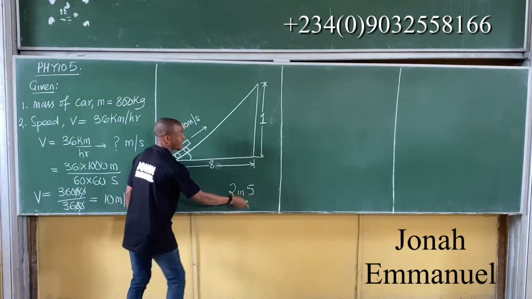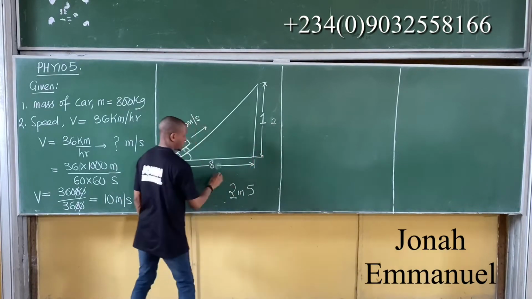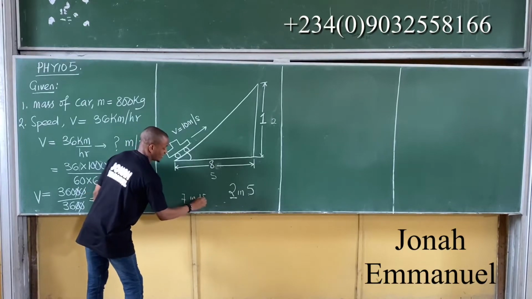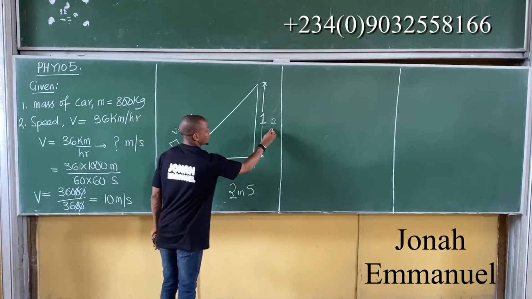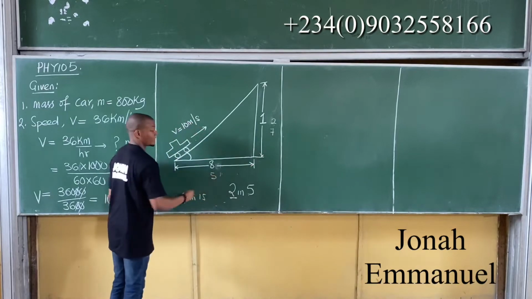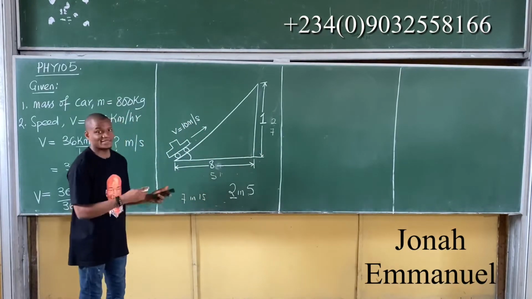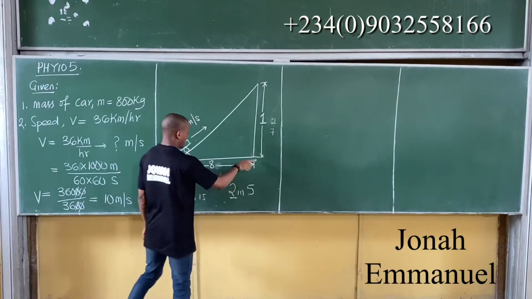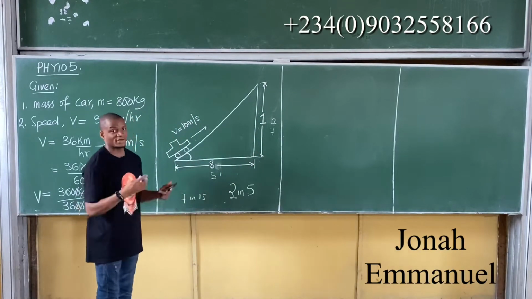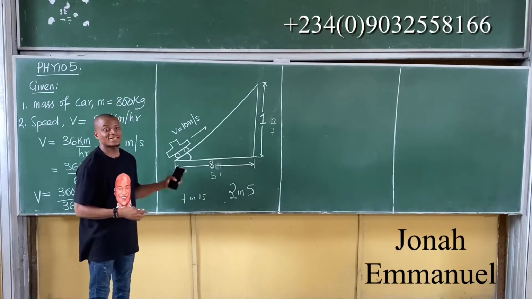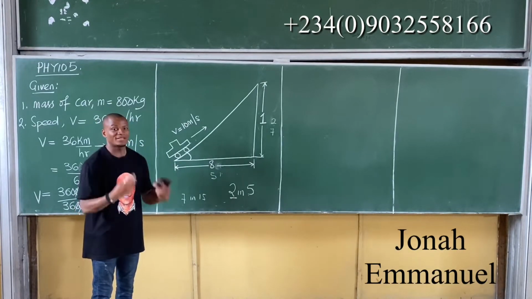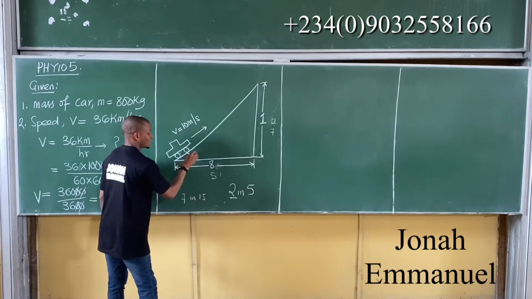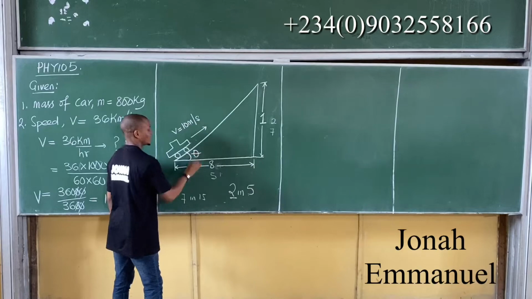If I was given 7 in 15, for instance, here will be 7 while here will be 15. That's how you analyze this. So 1 in 8 means 1 should be on the vertical distance and 8 on the horizontal distance. I've said these are not the actual distances. We just use these to get the value of theta. So we'll call here theta.